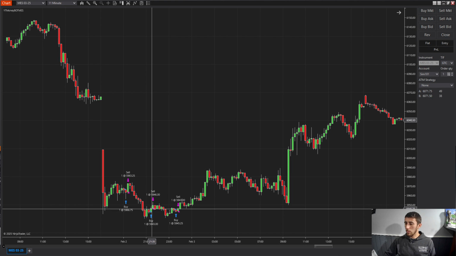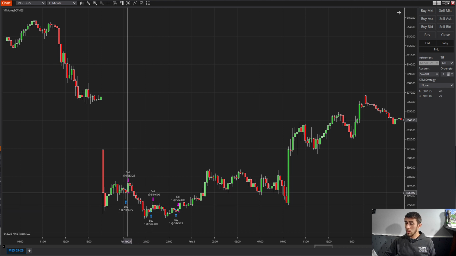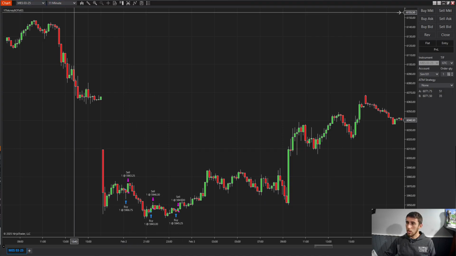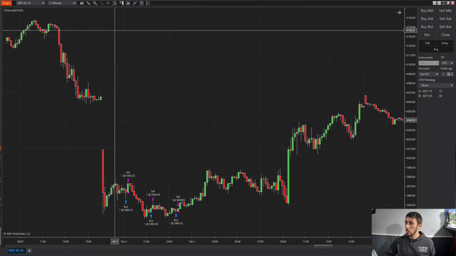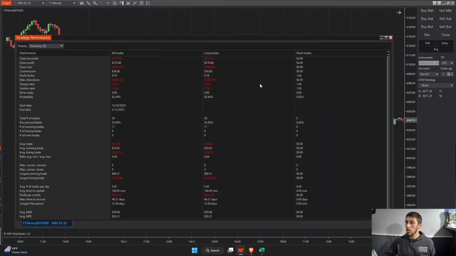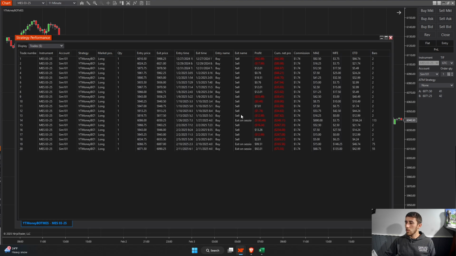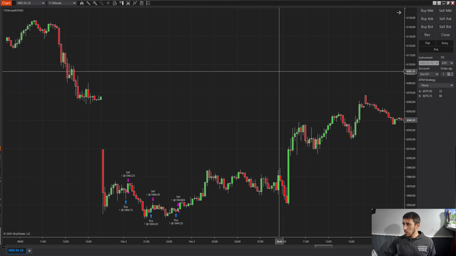So here it definitely did, but that doesn't look right. So we're getting sell. Sell comes from exiting long. Let's see what it is that could be causing that.